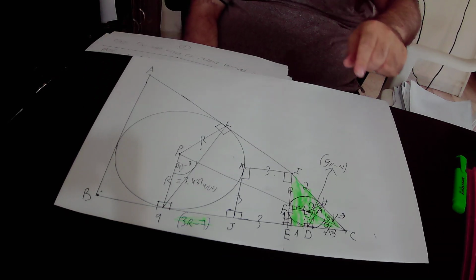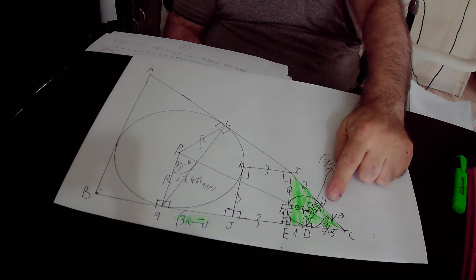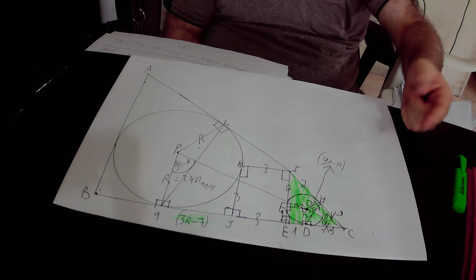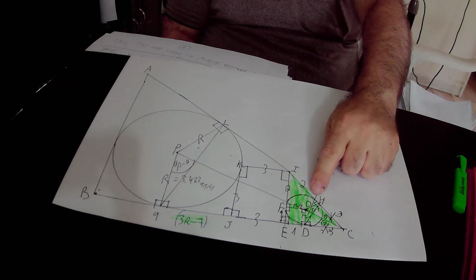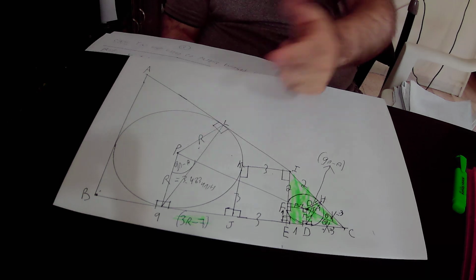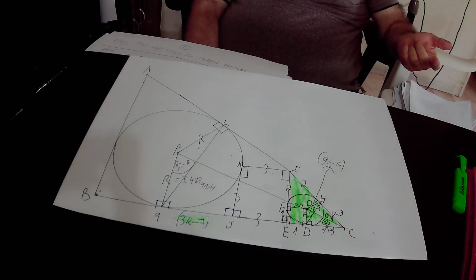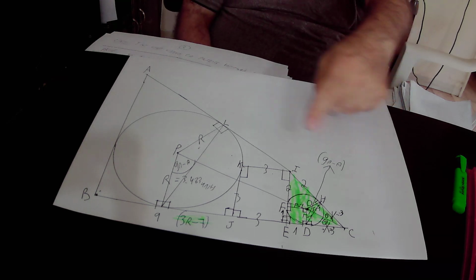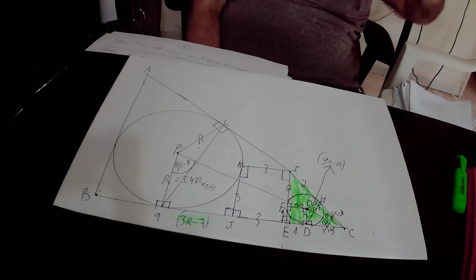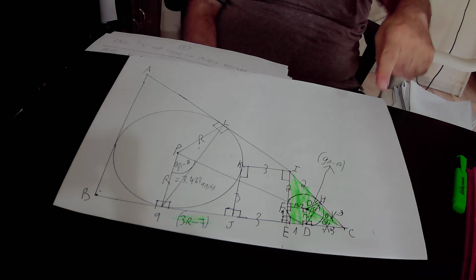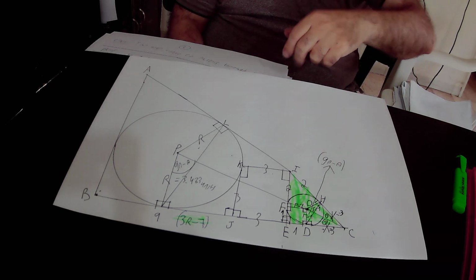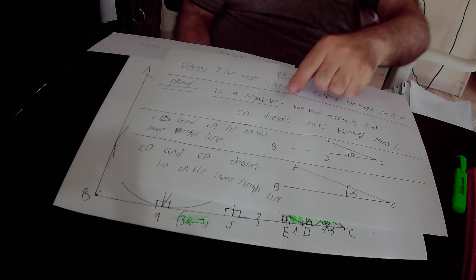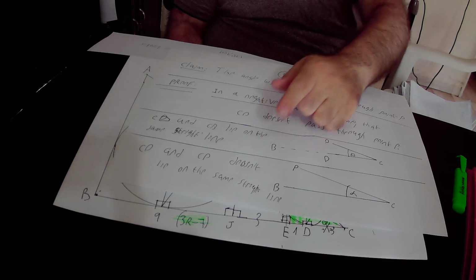According to our assumption, CO doesn't pass through point P. So if CO doesn't pass through point P, it means that CO and CP are not lying on the same straight line, because if they were, CO must pass through point P. Therefore, CO and CP don't lie on the same straight line.